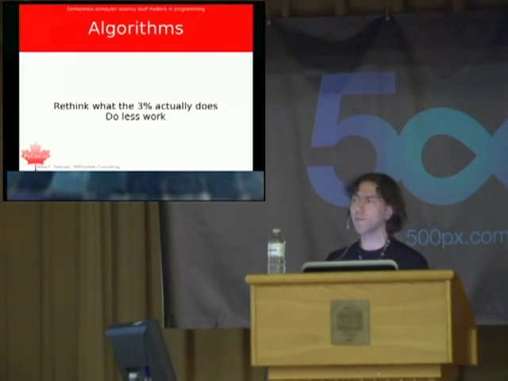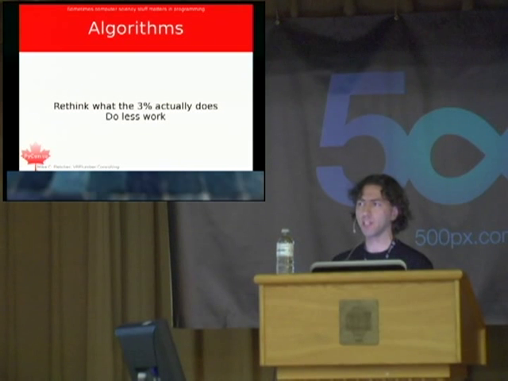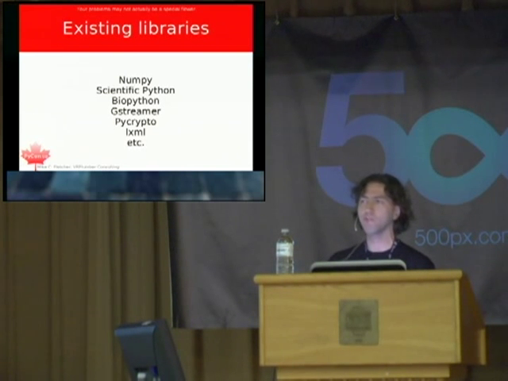And as much as possible, you want to be focusing on the algorithms that you're using. When you're doing profile-driven optimization, if you can get an algorithmic fix, so do less work as opposed to doing the work faster, you'll find that it tends to be the best way to do it. If you can't do that, try to find an existing library which does the work that you're looking for.